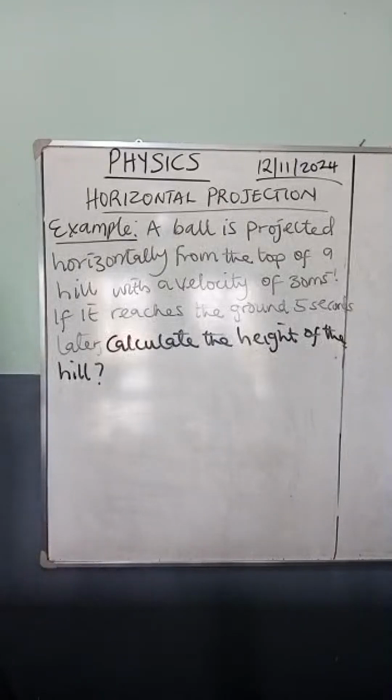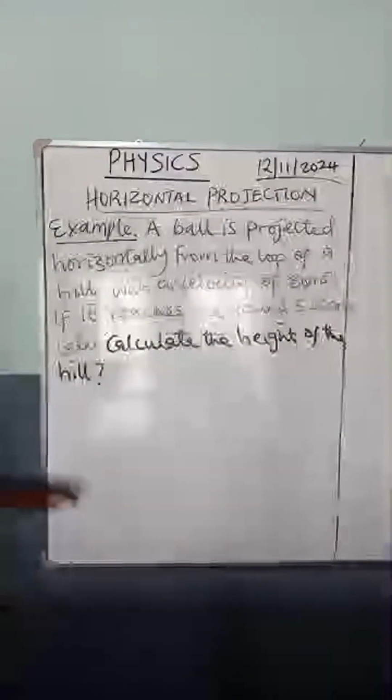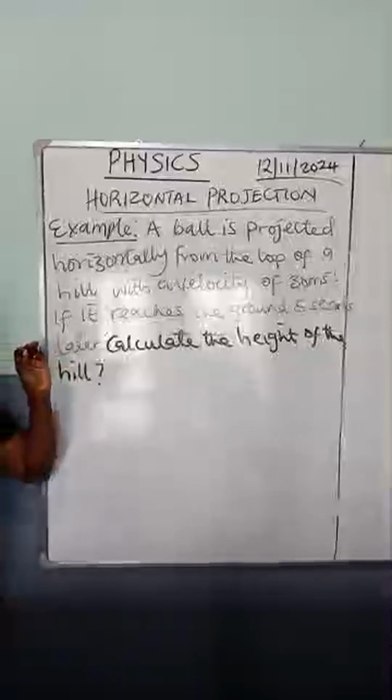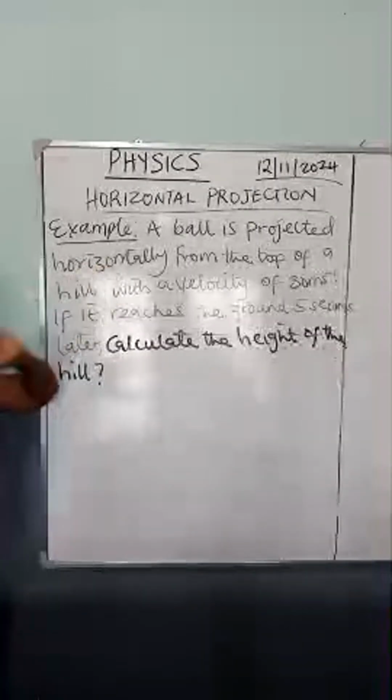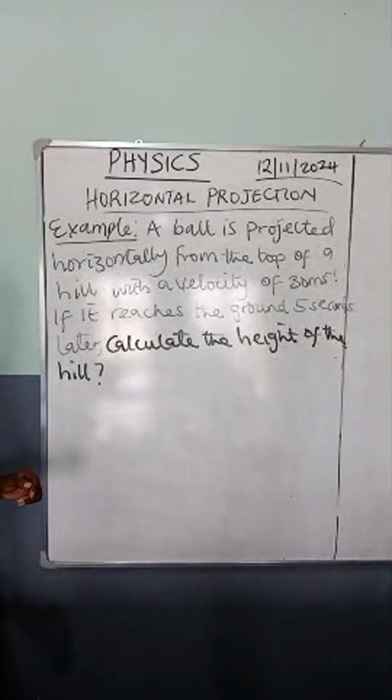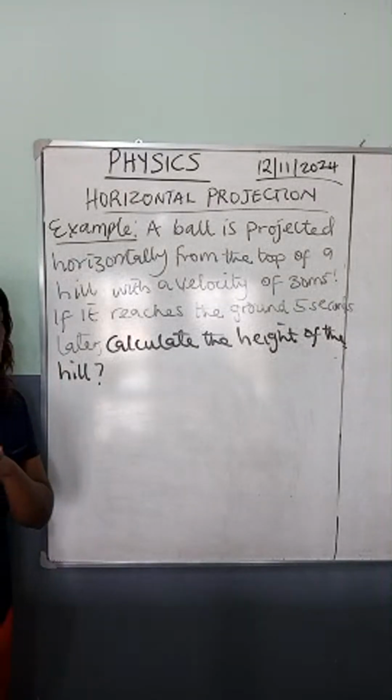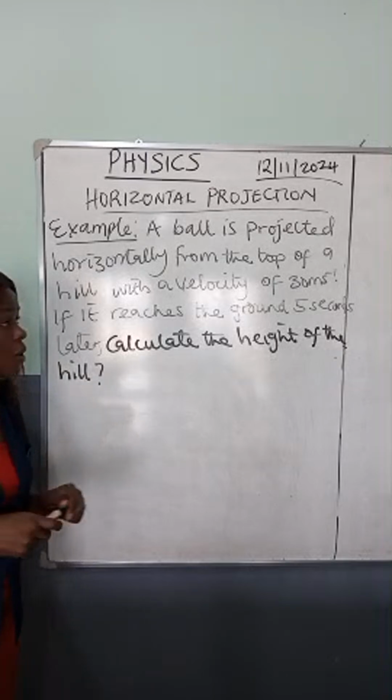The ball is projected horizontally from the top of a hill with a velocity of 30 meters per second. If it reaches the ground in 5 seconds, calculate the height of the hill. Now, this question is specific to horizontal projection, so you don't need to use the other formulas for projectiles.